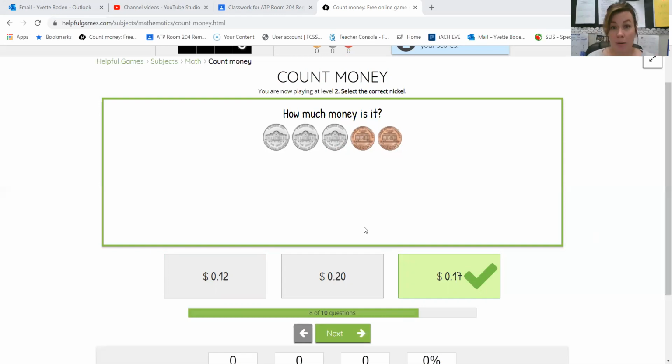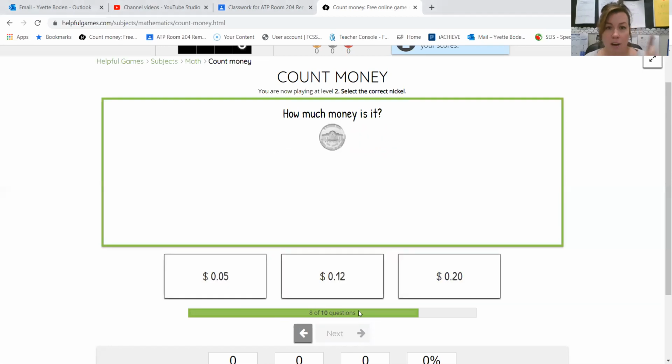My answer matches right here. We're good to go. If my answer didn't match, then I would say, what did I do wrong? And I would just clear it out and do it again. It would just take a minute, less than a minute to do. So don't get frustrated. Just try it again. Get your fingers to automatically do those numbers.